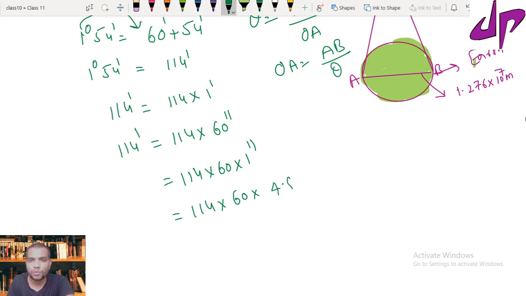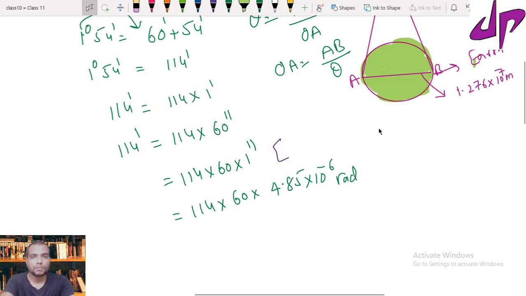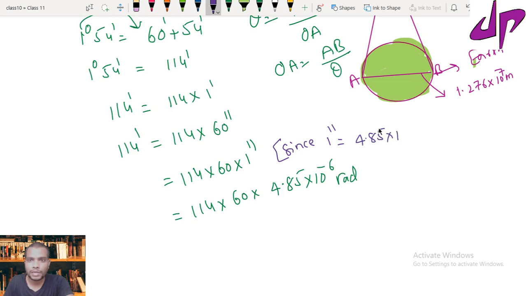It is 4.85 times 10 power minus 6 radians. Why? Because 1 second equal to 4.85 times 10 power minus 6 radians.